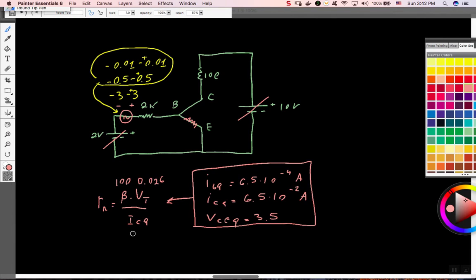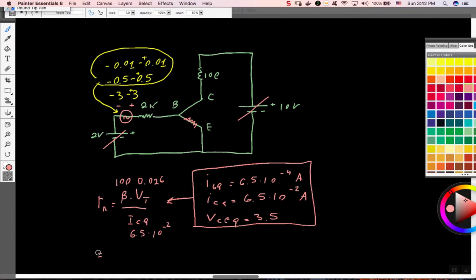ICQ we calculated to be 6.5 times 10 to the minus 2. So let's see what R pi comes down to. I have my calculator. 0.026 divided by 6.5 times 100.